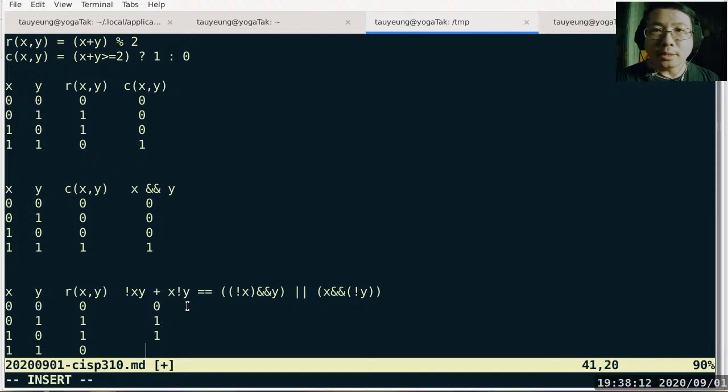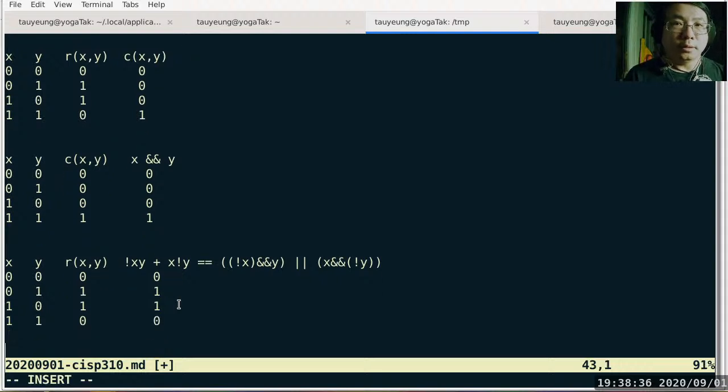And then in the last one, they are both true, so that means not x is going to be false, not y is also going to be false. And the first conjunction term has a not x in it, so it has to be false. The second conjunctive term has a not y, so it has to be false too. So we end up with false or false, which means the entire result is false.